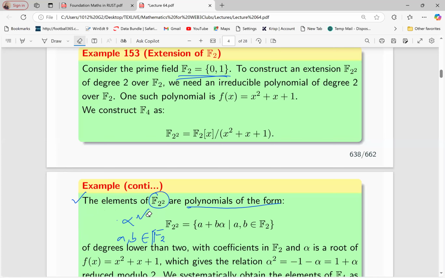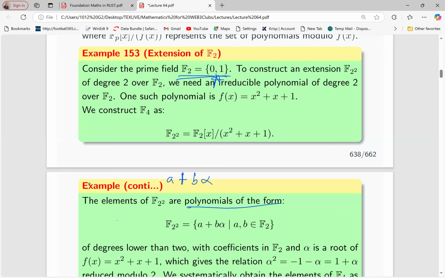So now how do we construct? Again, we consider all scenarios, all possibilities. Having known that the elements of this extension will be of this form, where A and B are members of the base field, in this case 0 and 1, we try all possibilities.